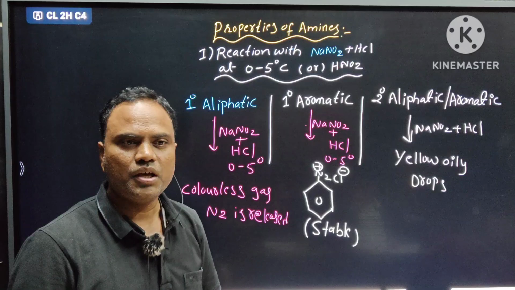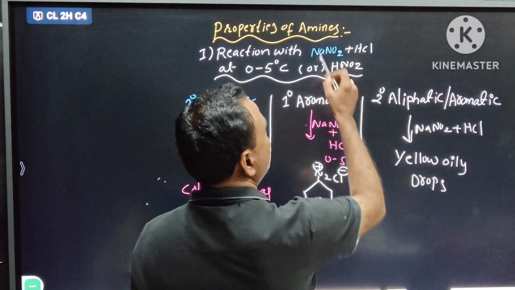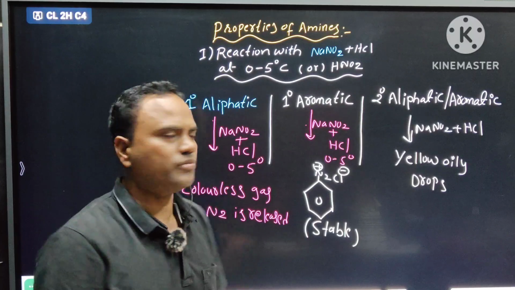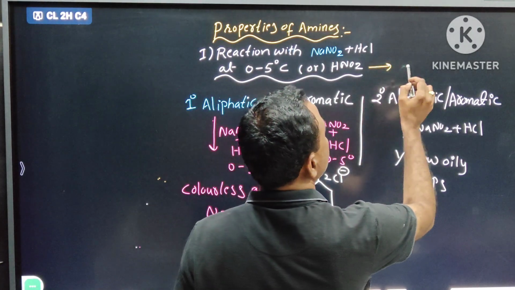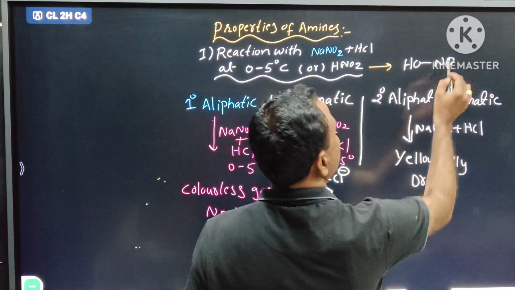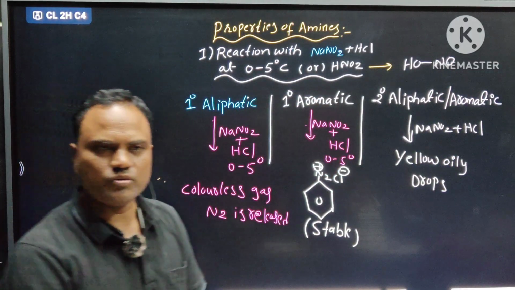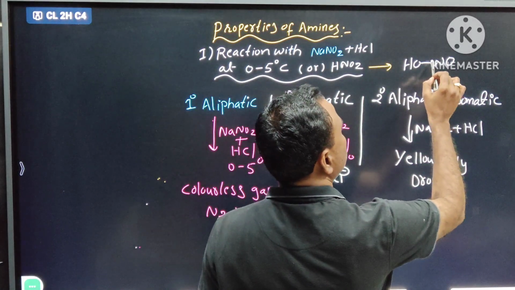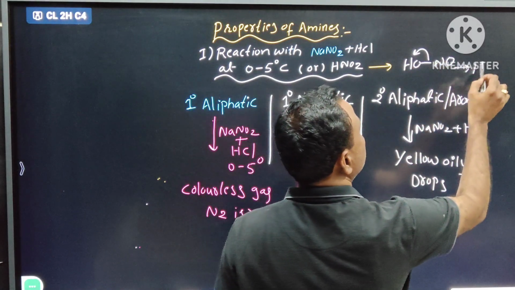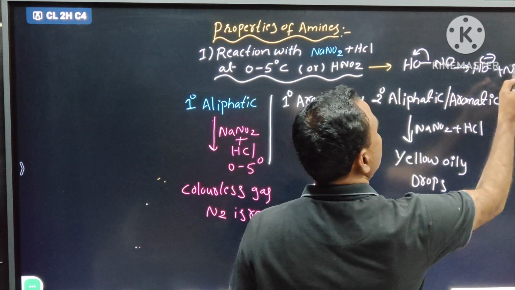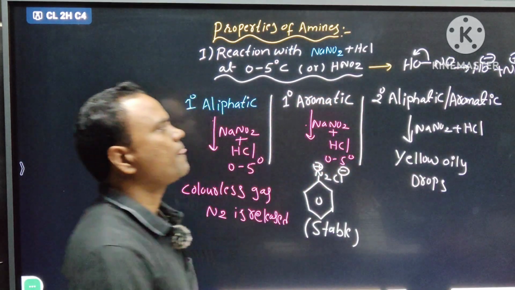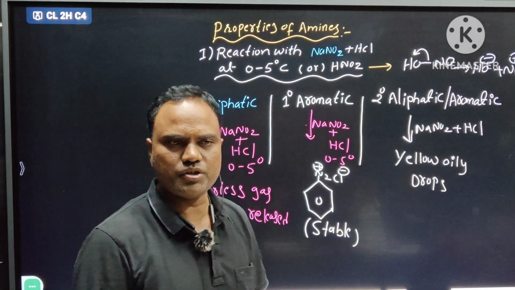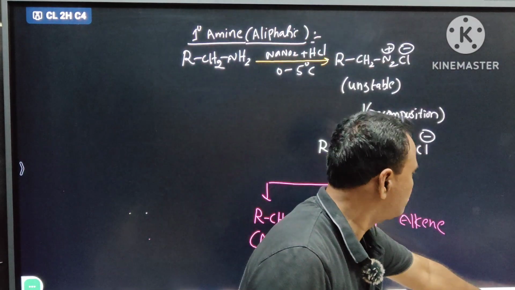HNO2. When NaNO2 and HCl combine, they form HNO2. We can write HNO2 like this. From this, OH- will separate to produce NO+. So this is the source of OH-.